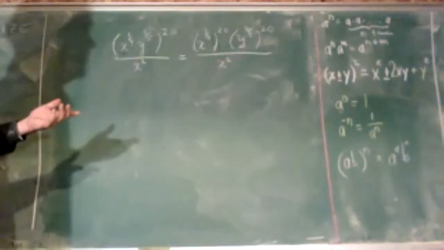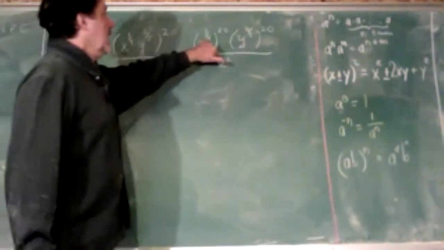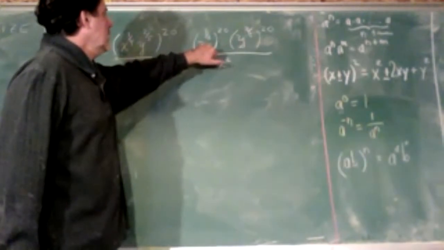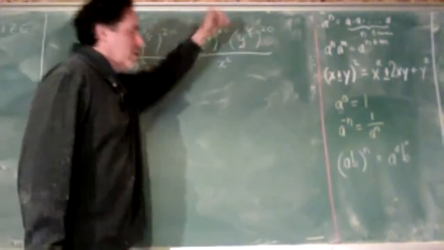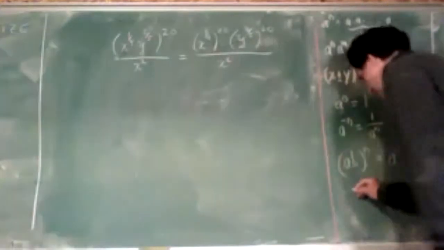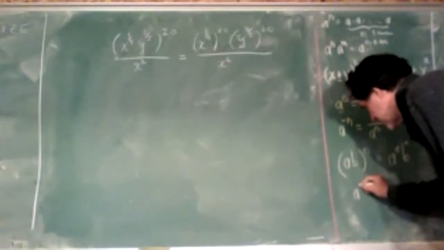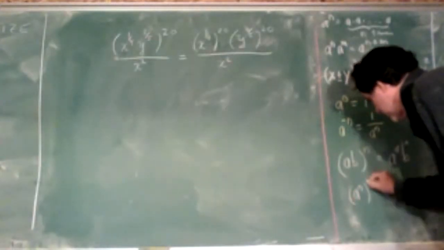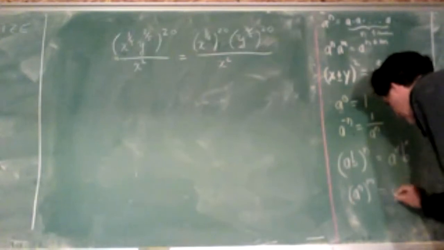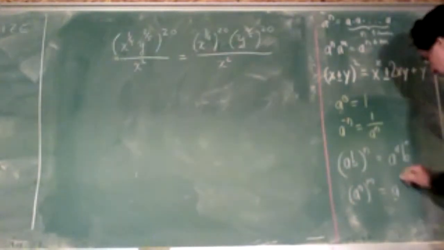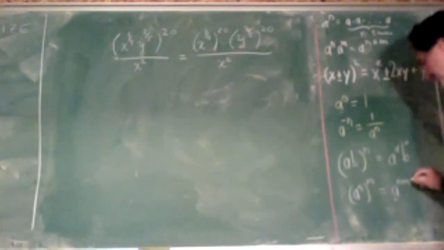Now, what else do we have to remember? How do we handle the case where we have a base to a power that we raise to a power? That power rule tells us that a base to a power raised to a power is equal to the base raised to the product of the powers.